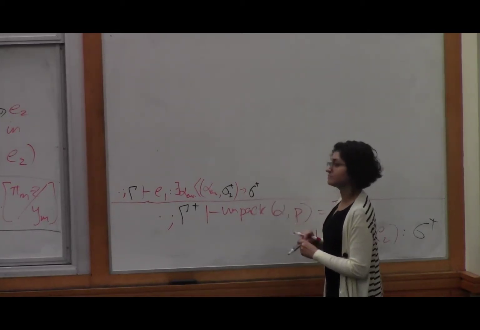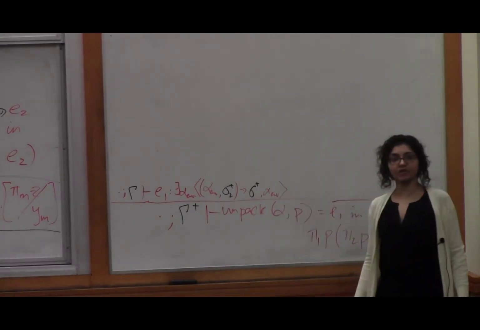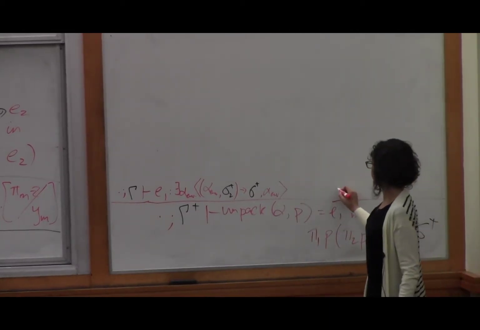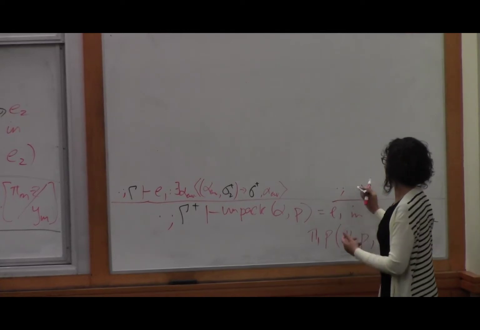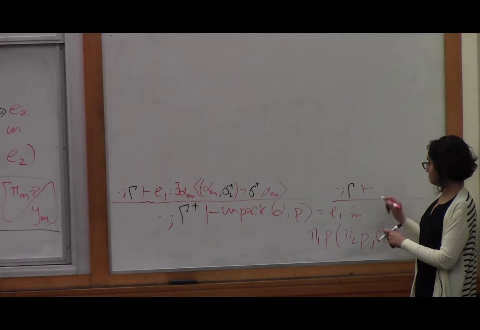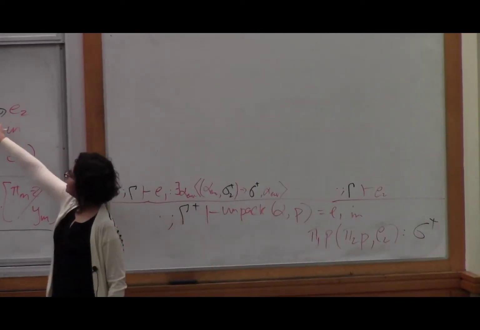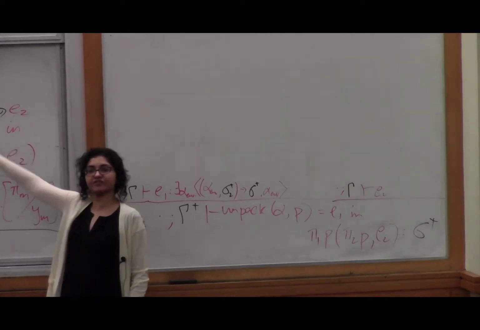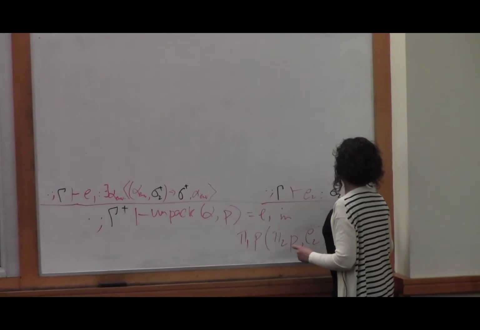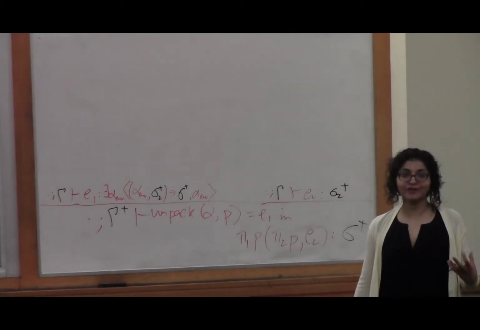And then alpha n. That's the type of my E1. What's the type of my E2? Yeah, E2, we can read it off right here. E2 will have the type that's a translation of this. So it will have type sigma 2 plus.